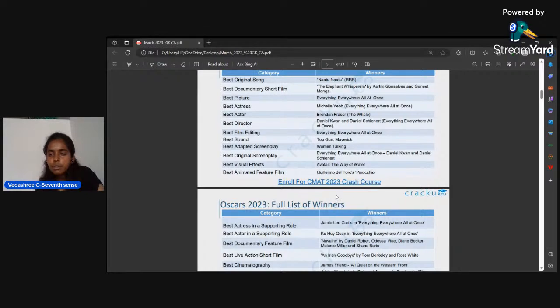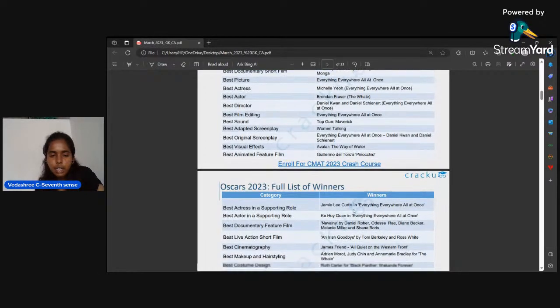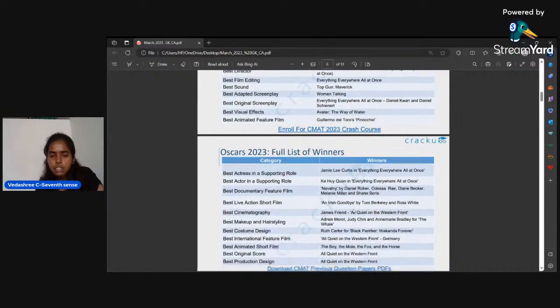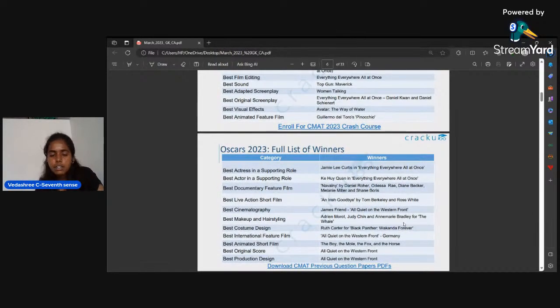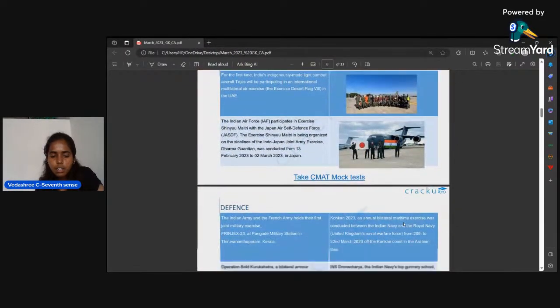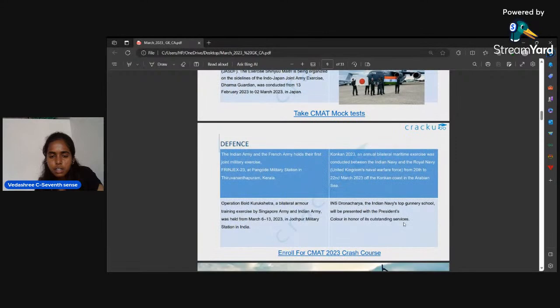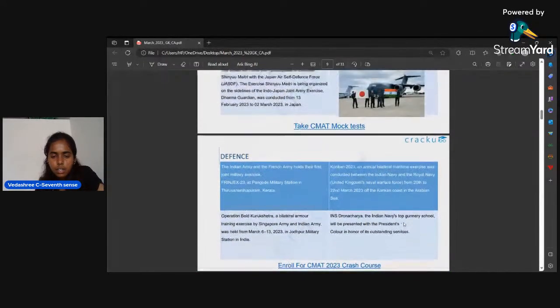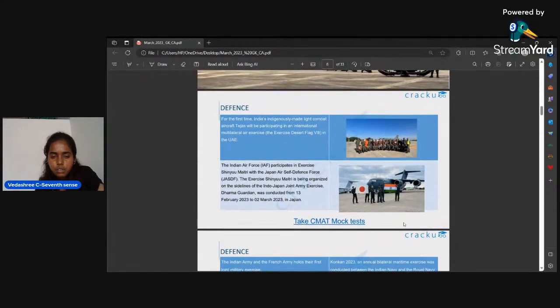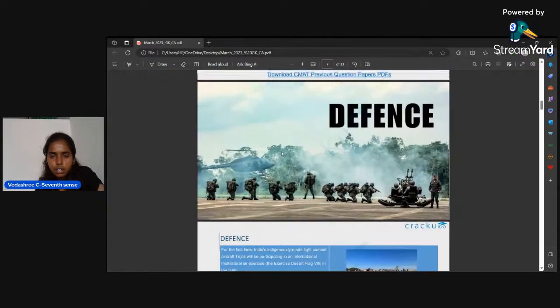Okay, I'll give you some ideas based on current affairs. This is related to the Oscar award winners, that is the category and also the winners. Next, coming to defense. Here is some theory knowledge, you can read it yourself.